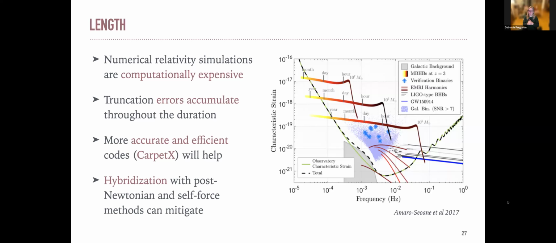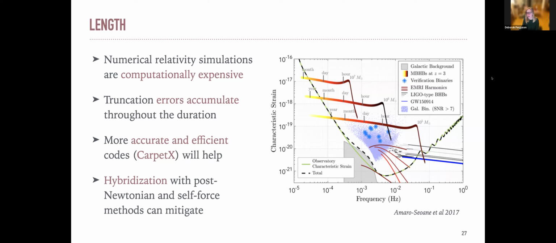There is numerical error in our simulations, and those accumulate throughout the duration of our simulation. So, in addition to it just being computationally expensive to run really long simulations, it's also going to get less and less accurate the longer we run.